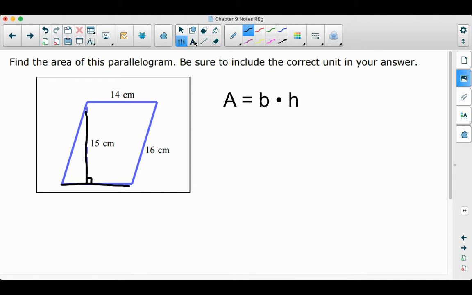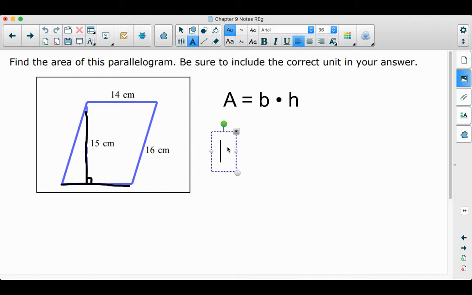And so in order to find my area, I'm going to do area equals my base. That's that line that I drew first, and that's actually equal to 14. I'm going to come back to where I got 14 from in a second. But my second line is 15.